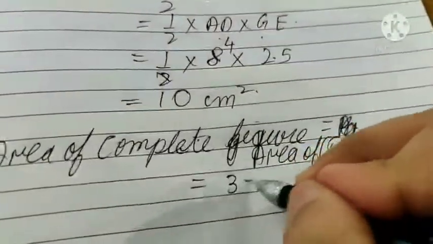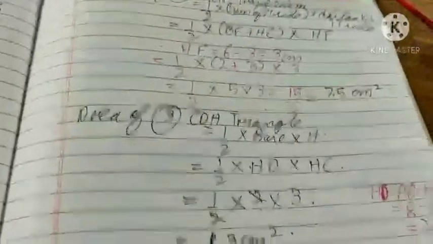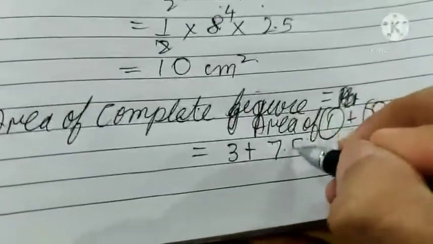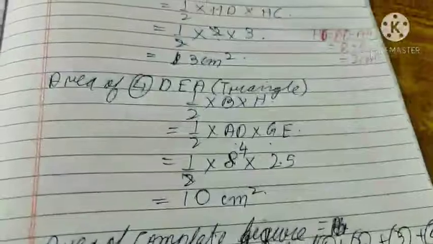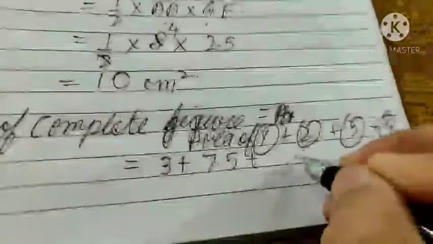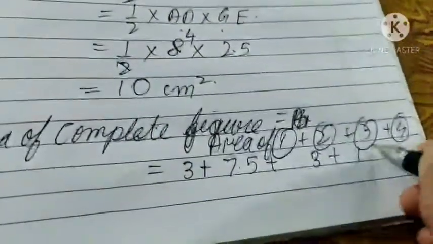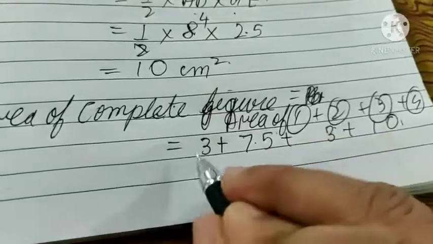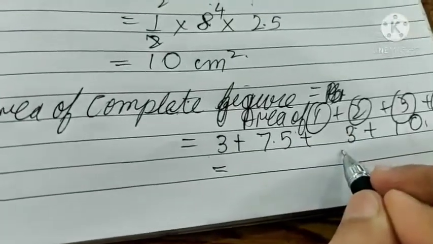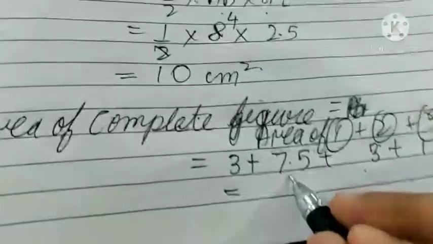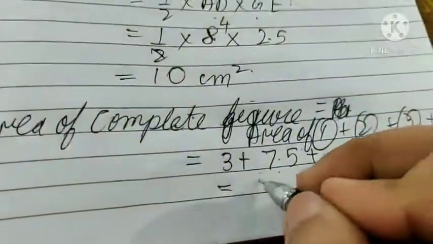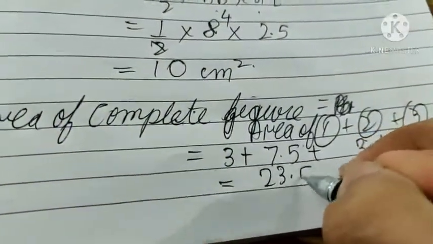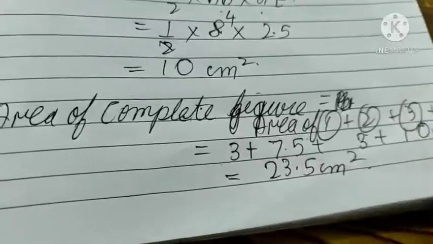So area of 1 here is 3 plus area of 2 here is 7.5. Area of 3 here is 3. Area of 4 here is 10. So 3 plus 3 is 6. 6 plus 7.5 is 13.5. 13.5 plus 10 is 23.5 centimeter square. This is our answer.